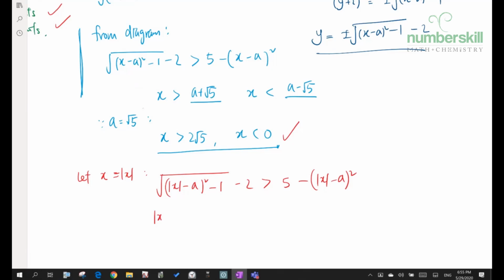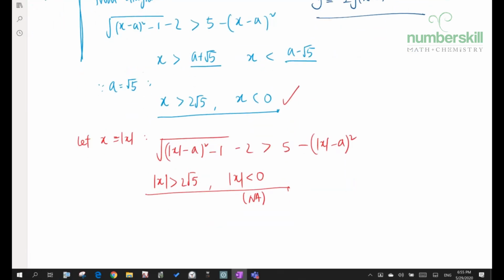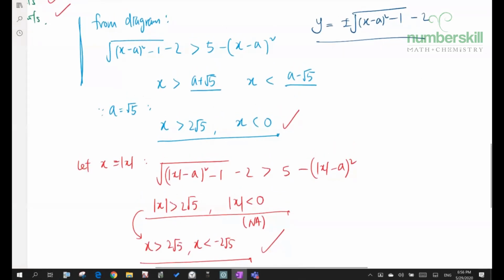Then this mod x more than this, mod x less than 0, is your answer. This is not applicable because no such rubbish. So the final answer is x is more than 2 root 5, x is less than minus 2 root 5. 1 more mark. This 2 marks is seriously the most tedious 2 marks.